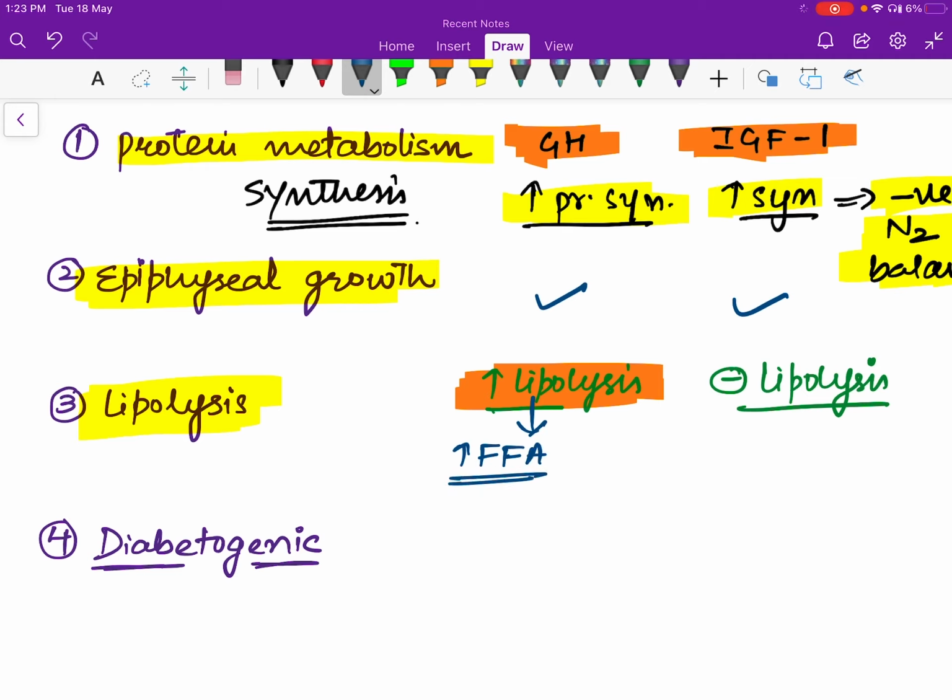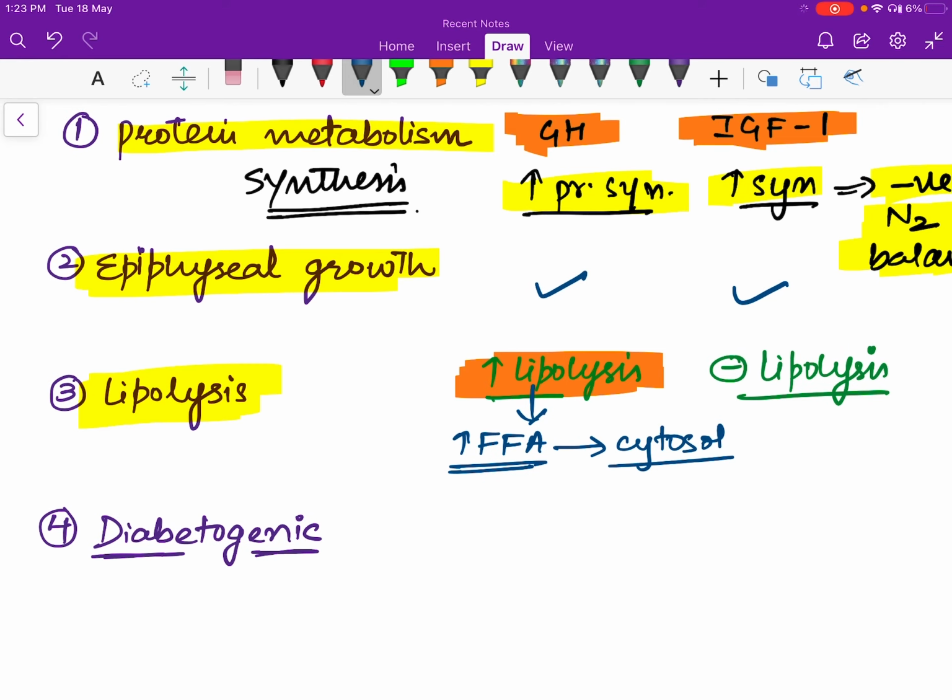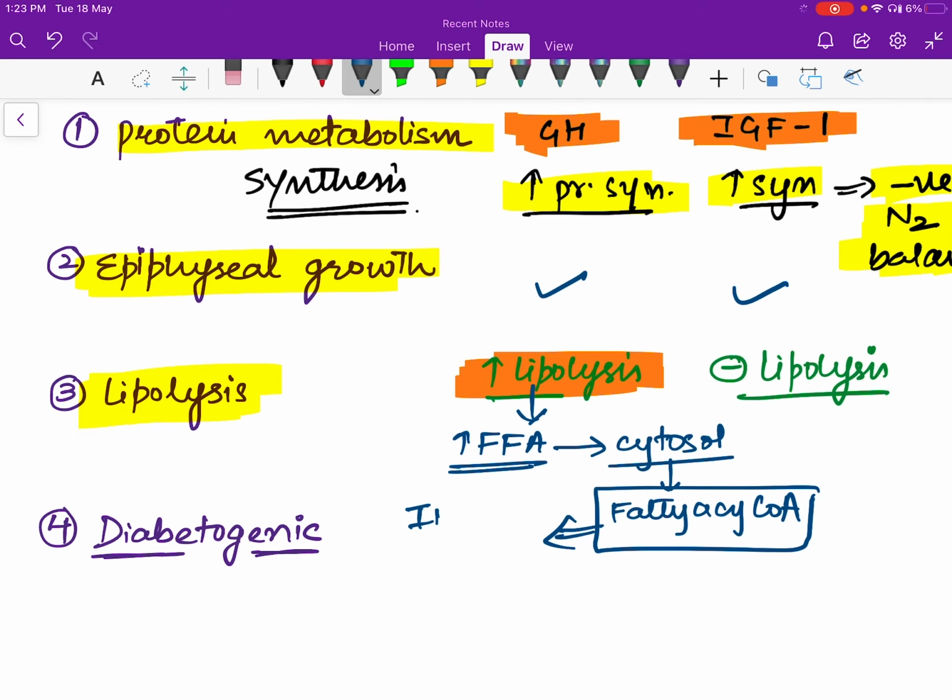And whenever free fatty acids increase, they go into the cytosol. Now they cannot enter into the mitochondria because palmitoyl transferase is not normally expressed on mitochondria, to prevent formation of ketone bodies. So in the cytosol, they will be converted into fatty acyl coenzyme A. And this fatty acyl coenzyme A plays an important role. It has a key role in causing insulin resistance.